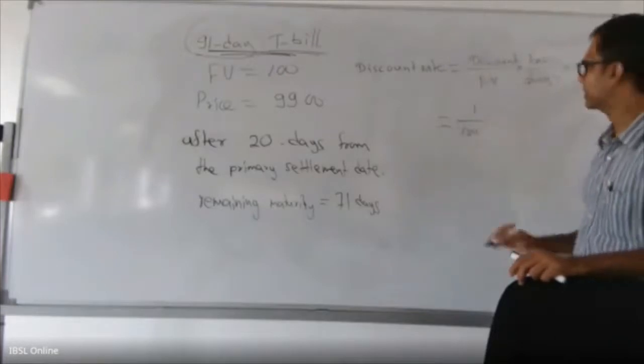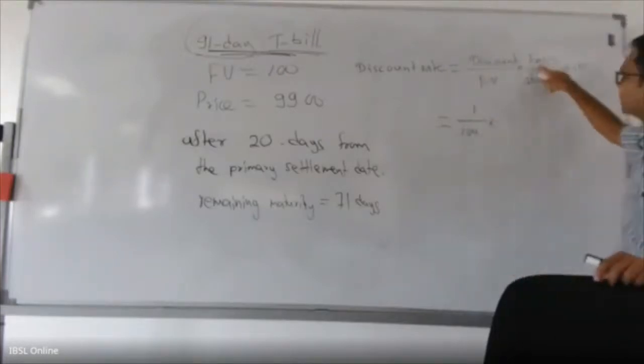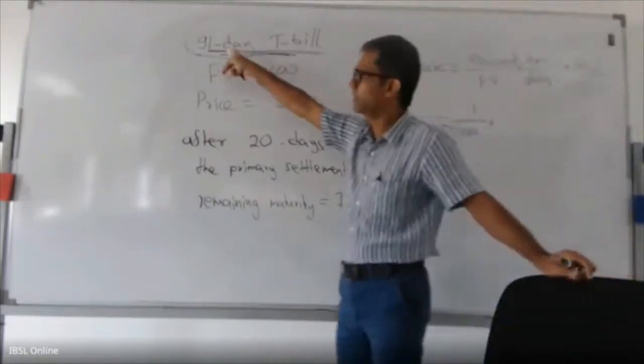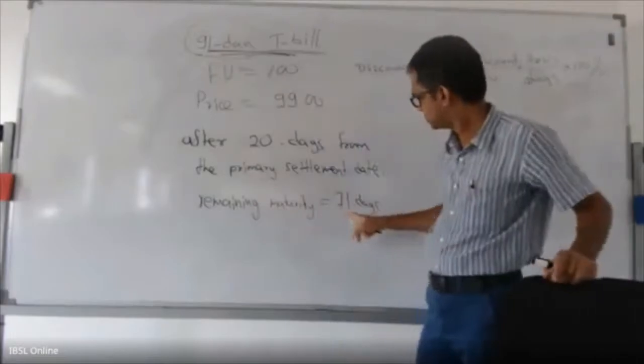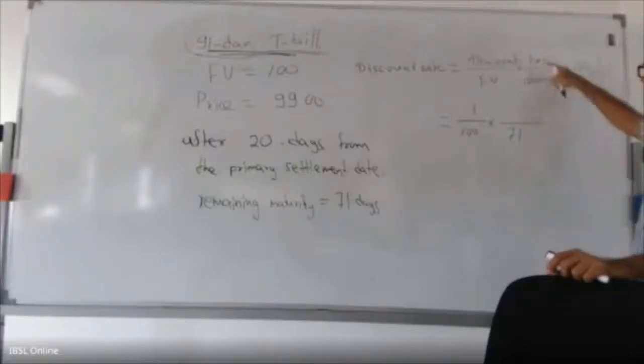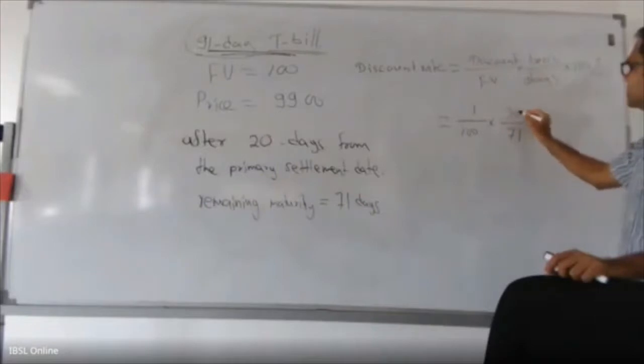Face value is 100. But for how many days? Now it's not for 91 days, but only 71 days. So you divide it by 71 days, but the basis is 364, into 100.